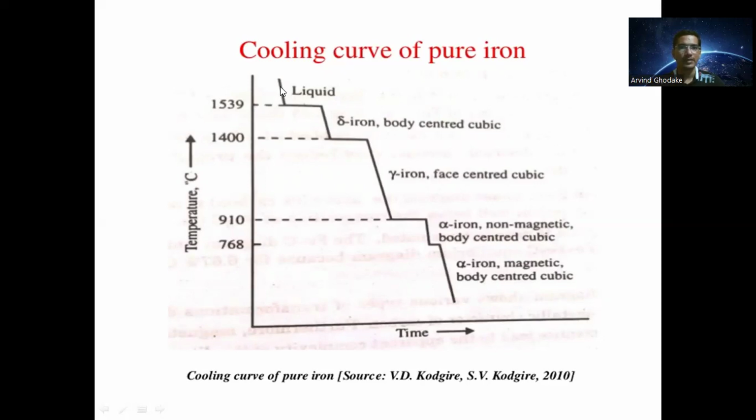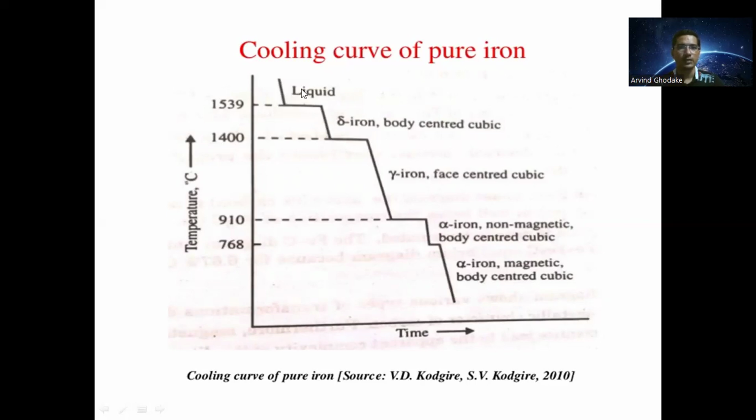Then as the temperature decreases to 1539 degrees Celsius, for some time, that is the soaking time, we can consider it as our cooling time, the temperature remains constant and there will be no change in the phase. After that, with respect to time, temperature decreases from 1539 degrees Celsius to 1400 degrees Celsius.